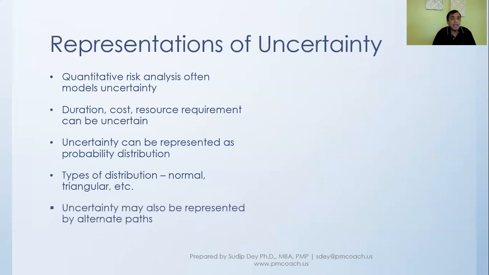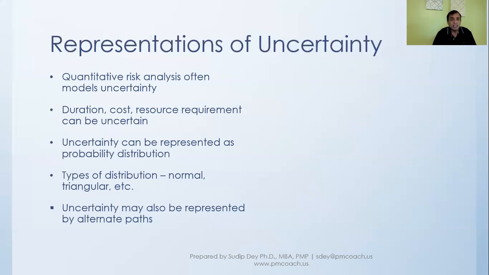And again, when we talk about this uncertainty, one way is to represent it as a probability distribution. We try to understand what is happening in our project, and we use this probability distribution in making our decisions. Another way is to take this uncertainty by alternate paths, and we'll look at both of these with an example.